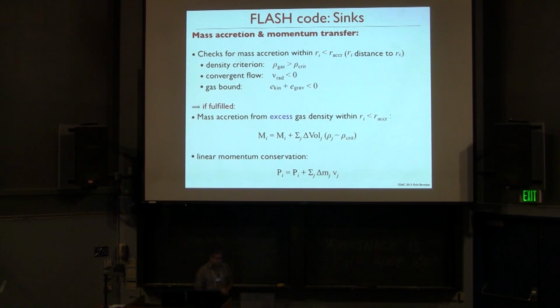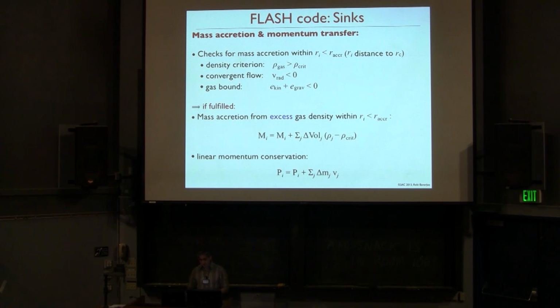Again, for the mass accretion, we find our converging criterion again, and this is a list of the criteria which have to be fulfilled to accrete mass from the grid onto the sink particles. What is done is essentially you just take the excess density of your grid cell above the critical value you put in by a parameter, take the mass and put it into the sink cell.